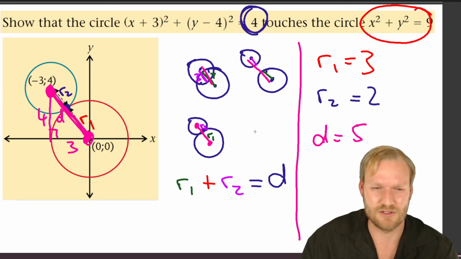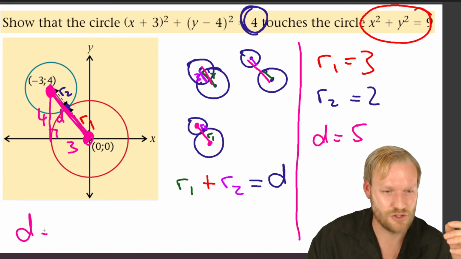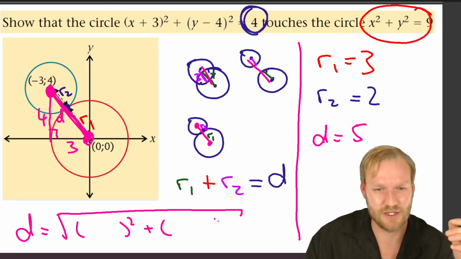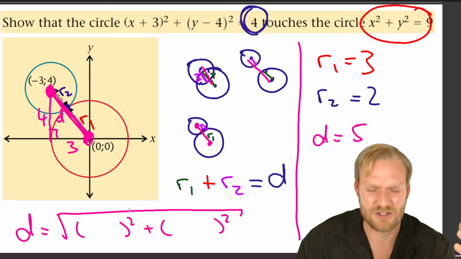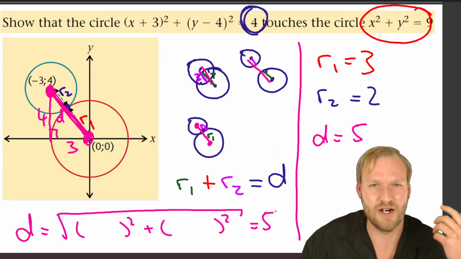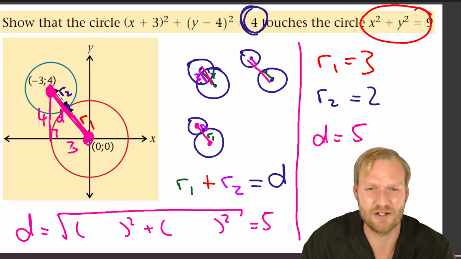Well, it's 5 because it's a nice Pythagorean triple. But if it weren't such a nice Pythagorean triple, we would just use our distance formula, squared plus whatever squared. You know that distance formula, you've been practicing it, and you would find out that the distance is 5. But certainly just draw a triangle in this case.